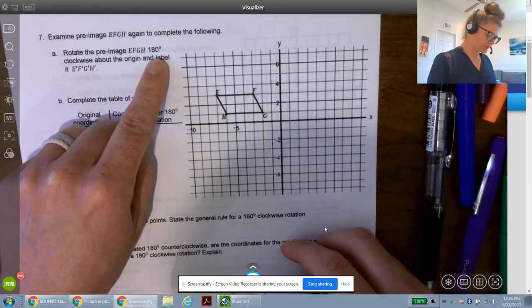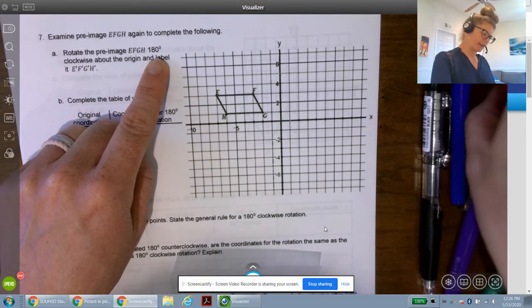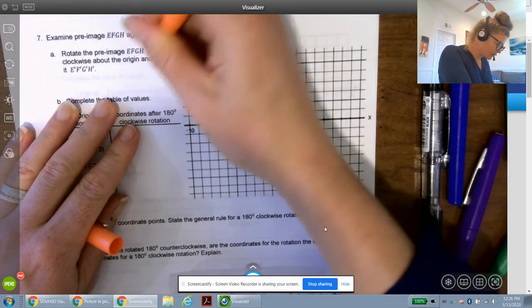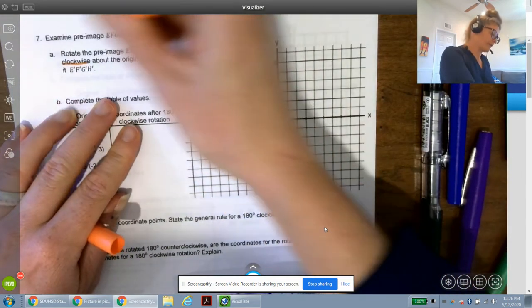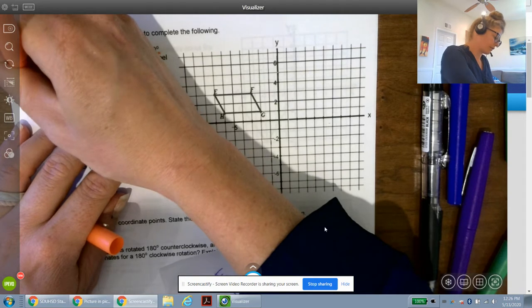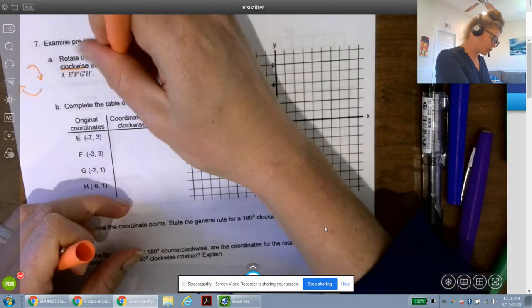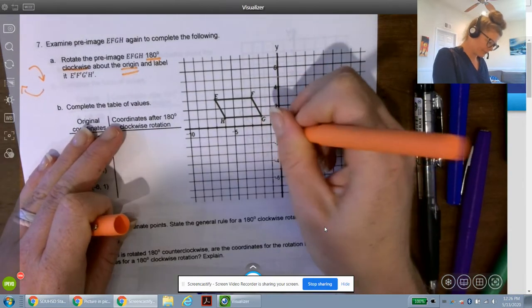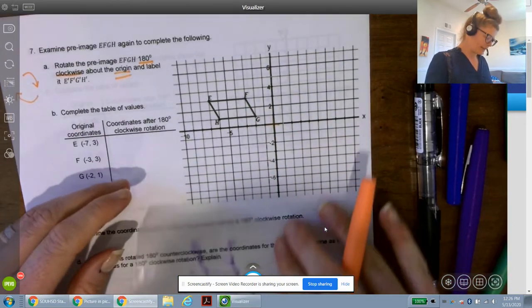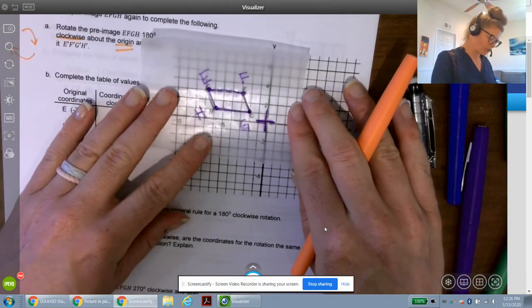What we're going to do is we're going to rotate, and I always like to underline what I'm doing, 180 degrees clockwise. And I always like to think about a clock when I'm thinking about this. And about the origin, which is super important. And we're going to label it E prime, F prime, G prime, H prime.